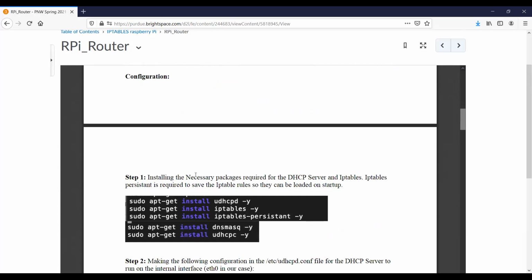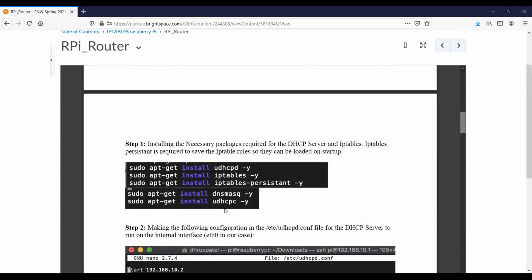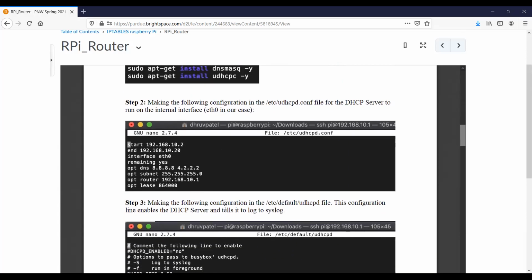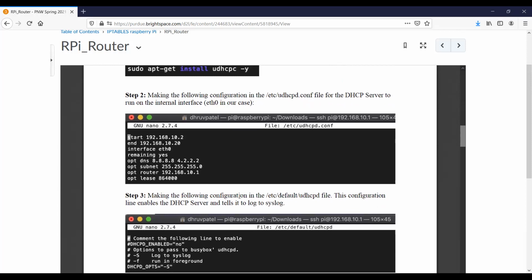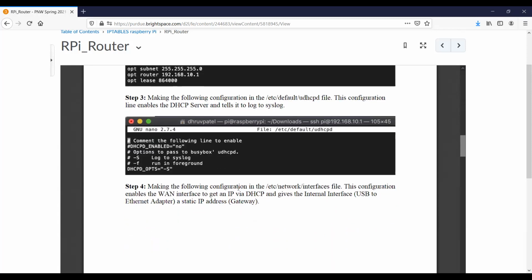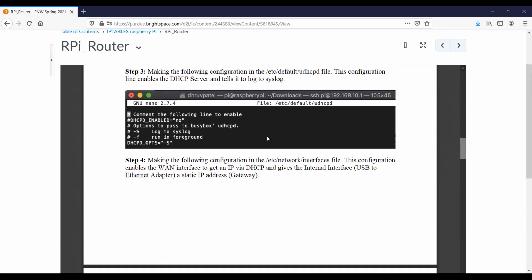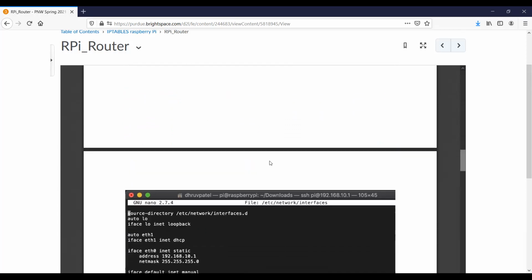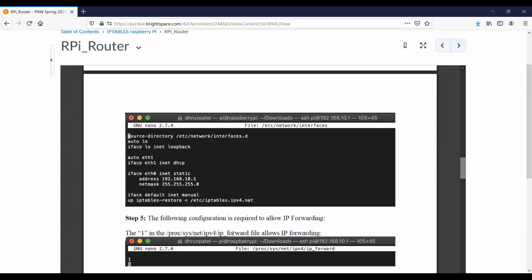After that, as you can see, it basically just has the configuration. Everything, the commands that you would have to run, the configuration of the networks, because you're going to have a couple of networks there. You just do these, configuring DHCP so that it serves the IPs, but basically you just follow these commands.